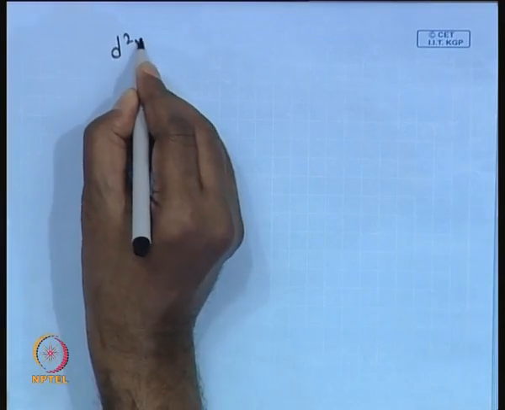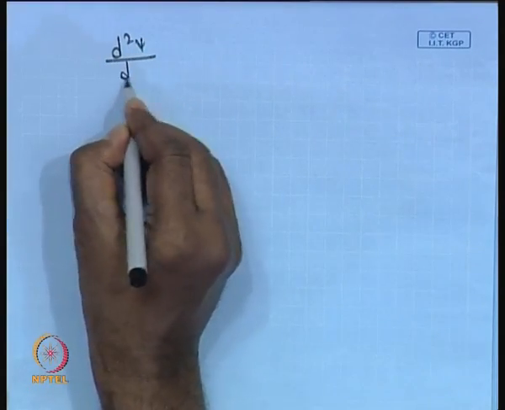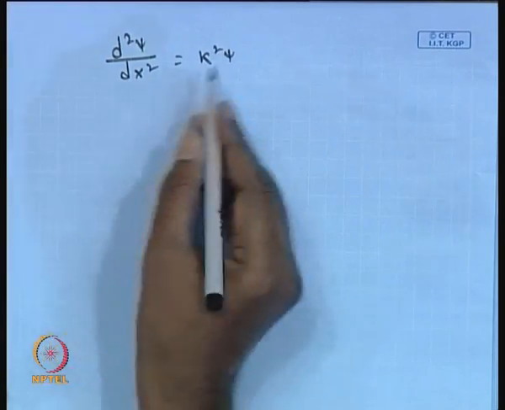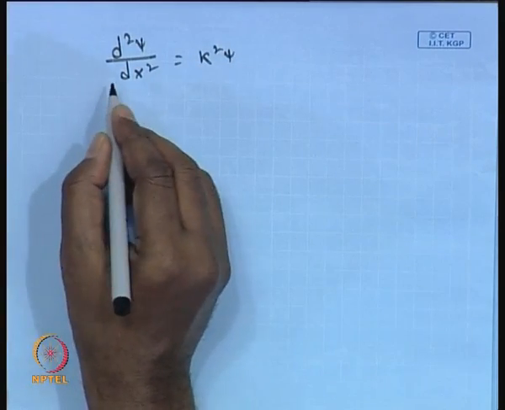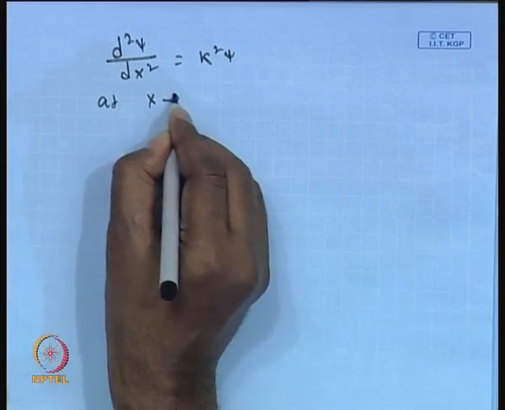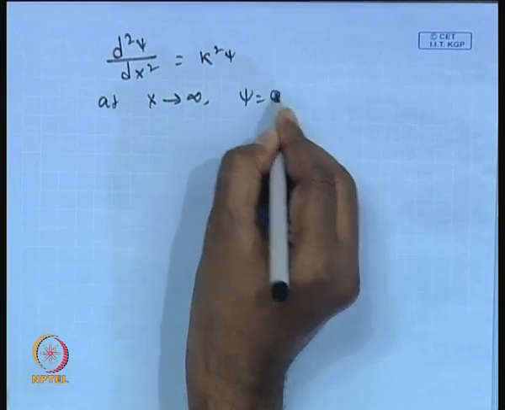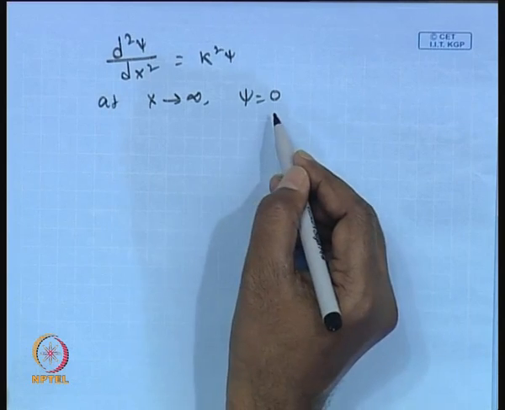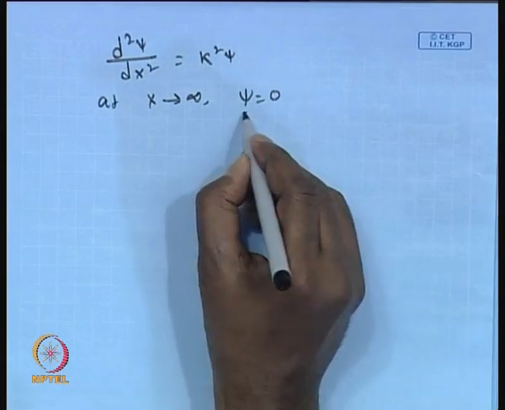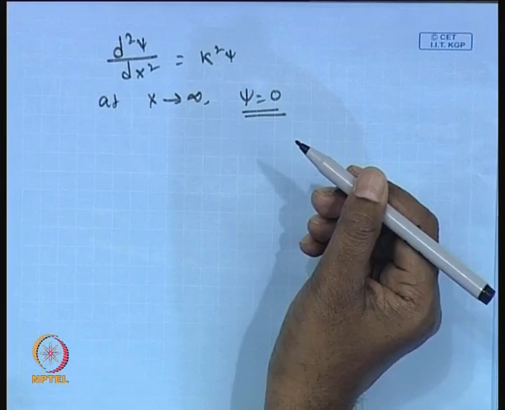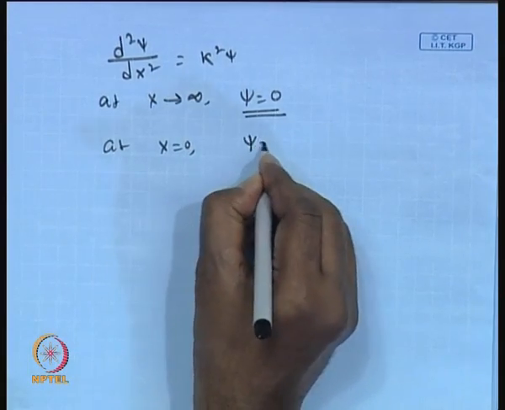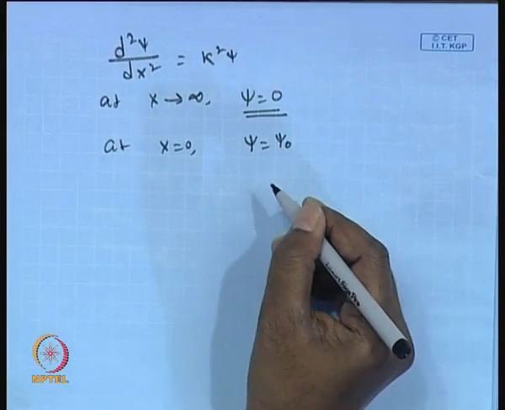Now, what can we do? The governing Poisson-Boltzmann equation boils down to d square psi by dx square equal to kappa square psi, and you can integrate this equation with the boundary condition that at x tends to infinity, psi is equal to 0. That means, at the bulk of the solution, there is no influence of the charged surface, so the potential will be exactly equal to 0. And at x equal to 0, the surface potential is known to us, it is psi 0.